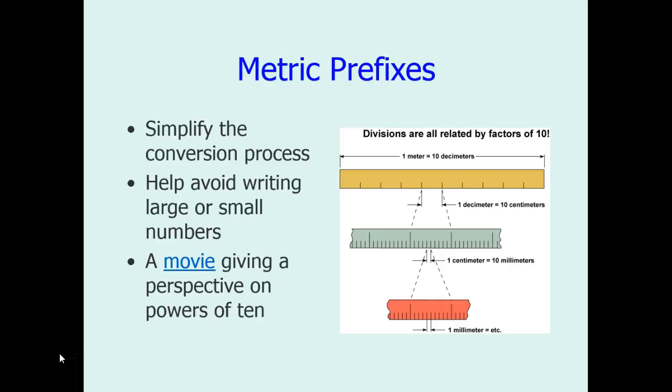Then, what is our system of numbers called? It's a base 10 system. What do we use that dot for? Decimal. It's called a decimal system. And 1/10 of a meter is a deci, as in decimal, meter. Decimeter. Okay? So 1 meter is 10 decimeters.